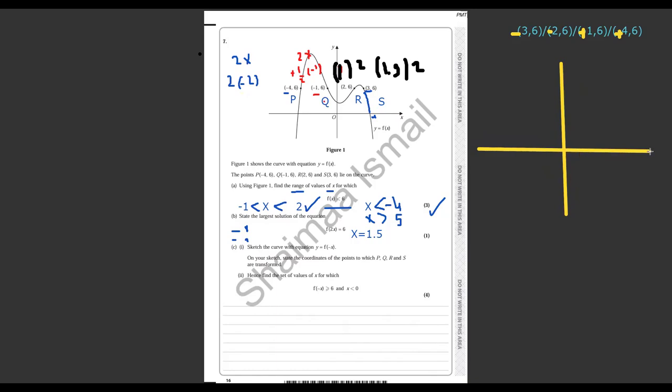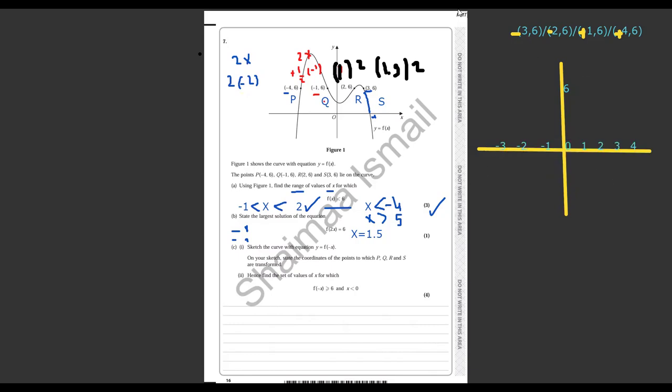So we have 6 here on the y-axis, and here we have negative 3, negative 2, negative 1, 0, 1, 3, 4, and 5.